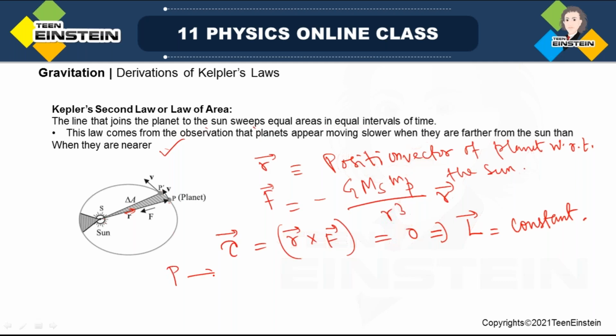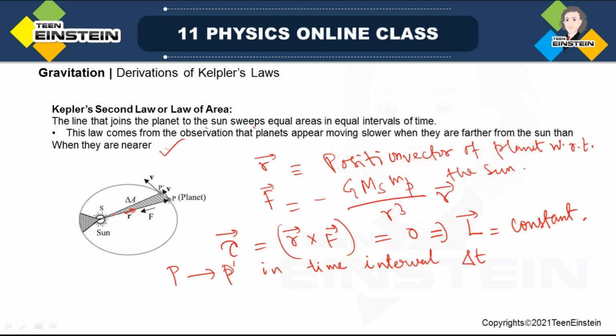So the planet moves from P to P prime in time interval delta t. In this small time interval the distance between P and P prime is very small, so let us take the speed of the planet to remain the same, that is v, in both places.